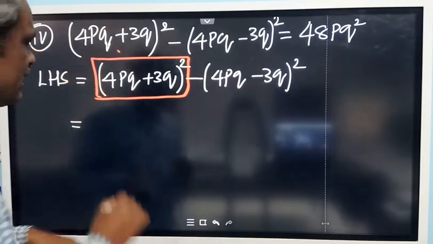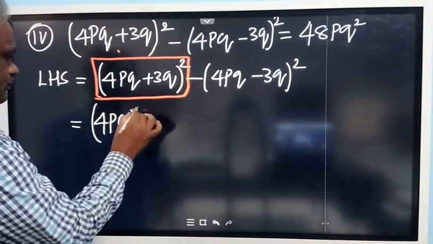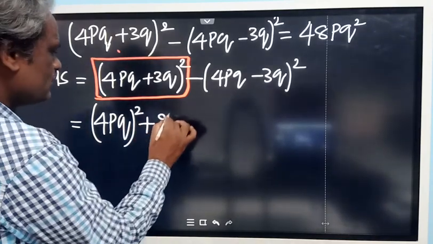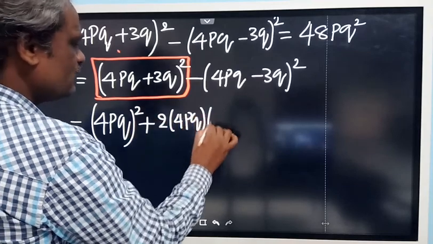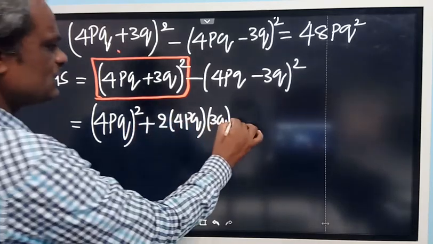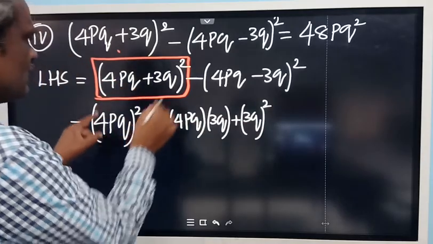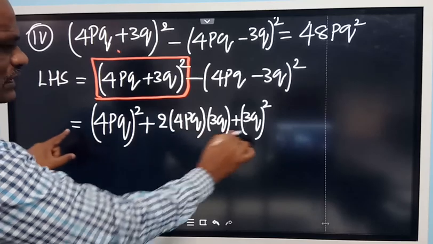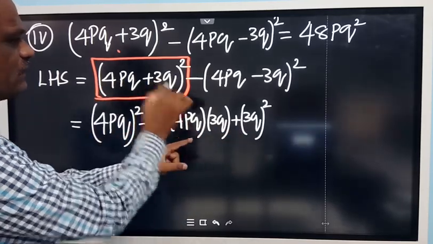What is a² here? a² means (4pq)², plus 2ab, 2 into a value 4pq, into 3q, 4pq into 3q, 2ab, plus b², that is (3q)². See, we got this one. So the expression we have written inside the box is expressed like this: (a + b)², a² + 2ab + b².